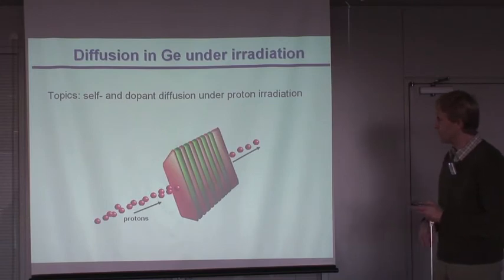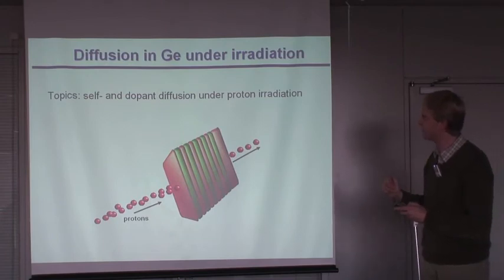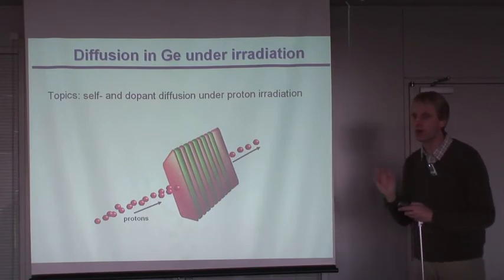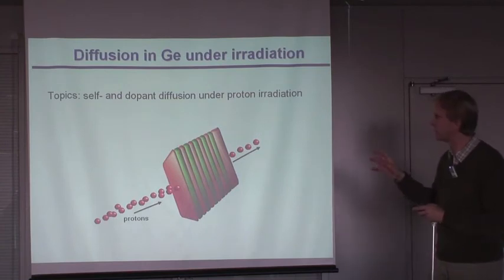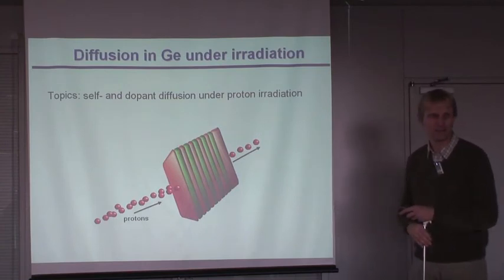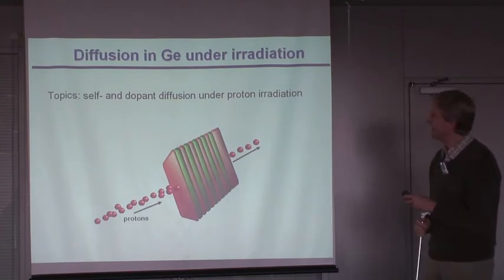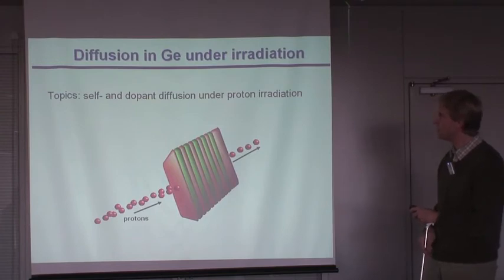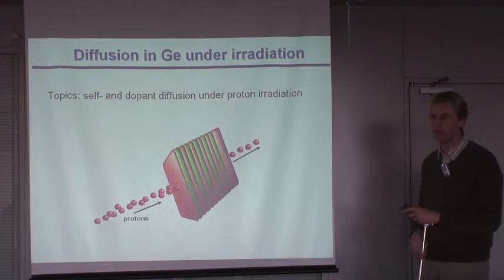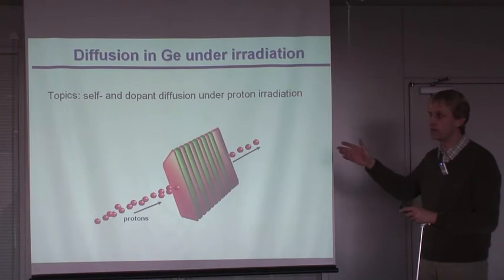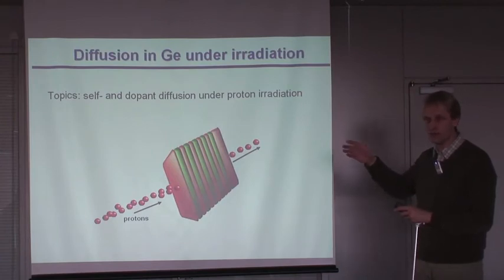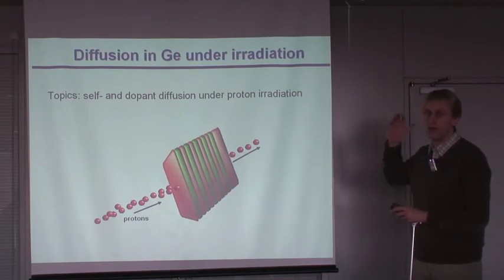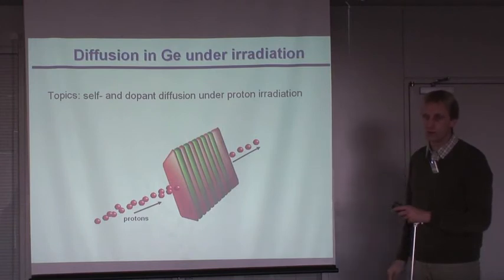Okay. So this is now the last thing, at the end, one also quite surprising thing, and I keep it short because I know that the time is running. So the diffusion under irradiation. In comparison to what I have shown before, this is diffusion under non-equilibrium conditions.